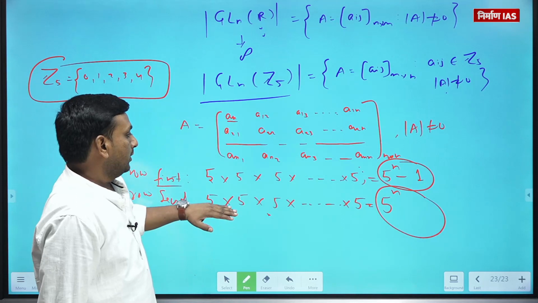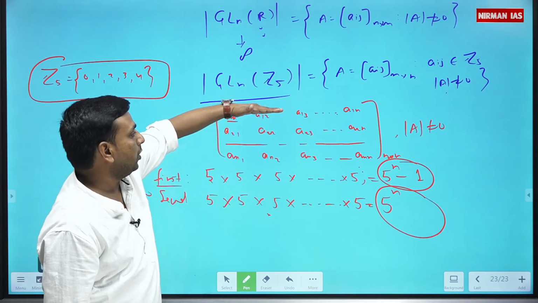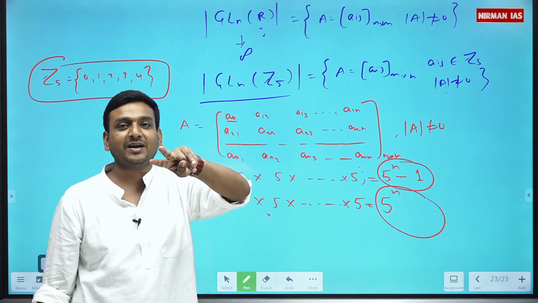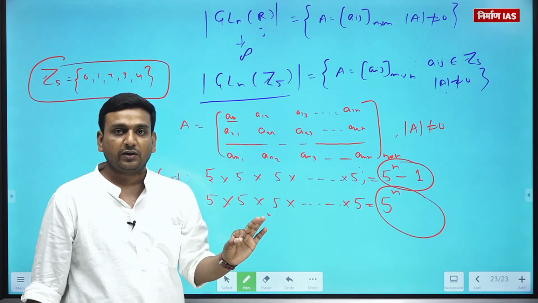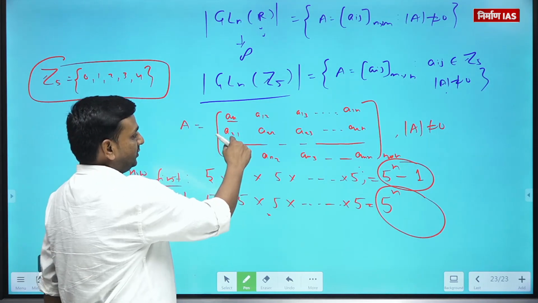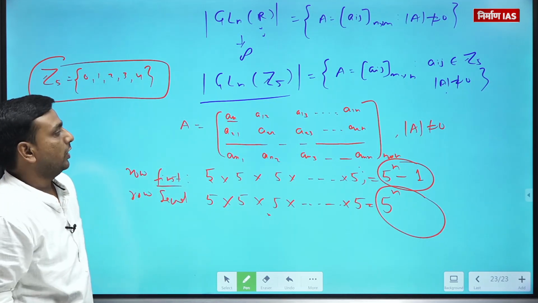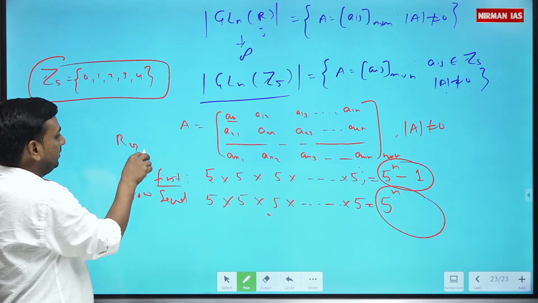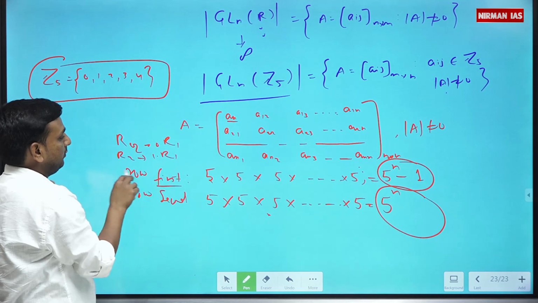But if this row becomes a multiple of this row, then क्या होगा डिटर्मिनेंट का प्रॉपर्टी, this determinant will become 0. So that is not possible here. This second row cannot be a multiple of the first row. So how many multiples of this row can there be? R2 can be 0 into R1. R2 can be 1 into R1.